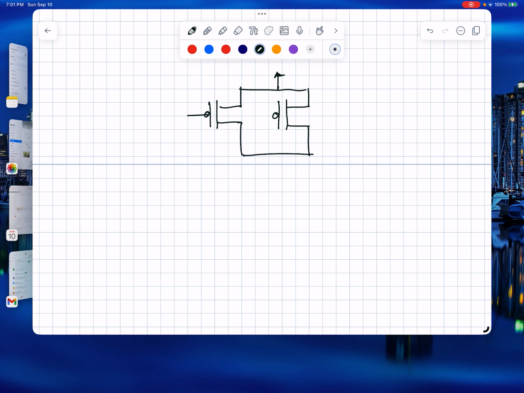Those connect to VCC. Then we do a series connection for the n-channel transistors. So put those in series, and connect that to ground. So parallel for P, series for N. We have 2 inputs here.